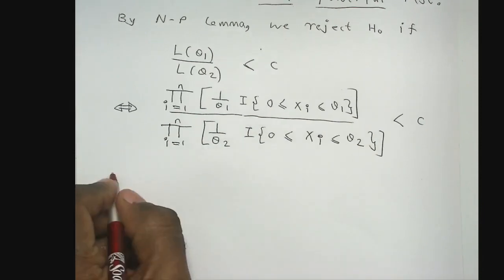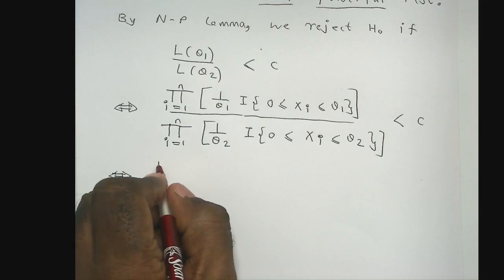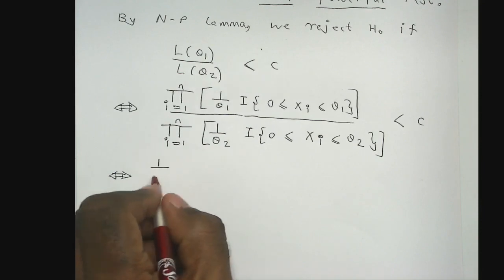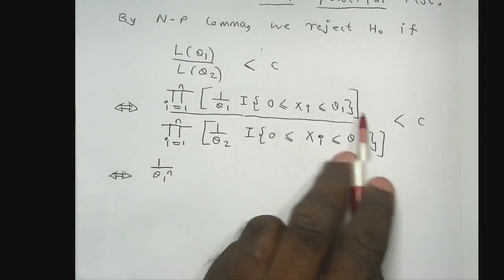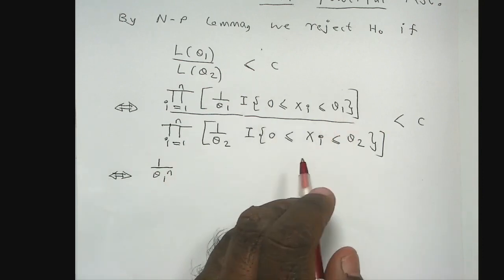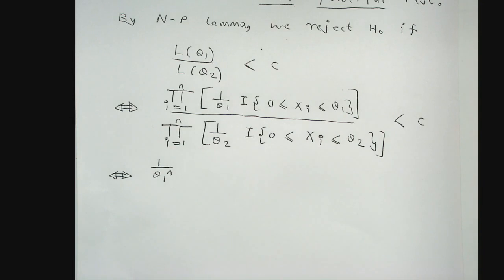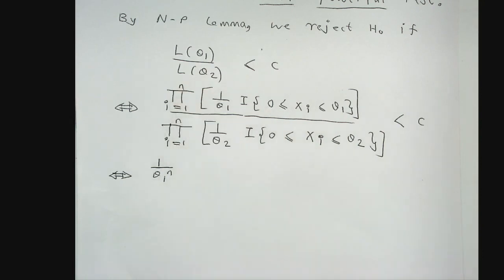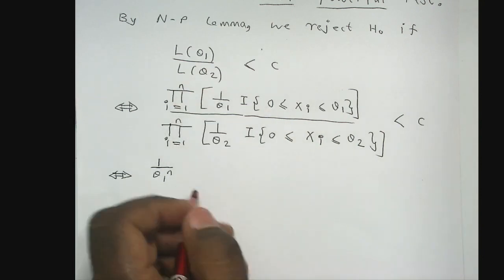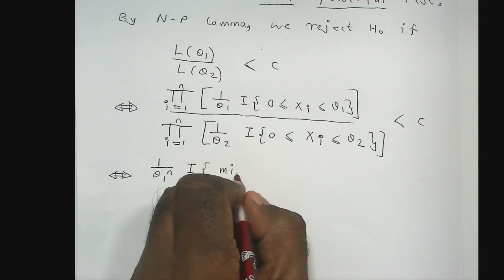Now let me ask you, if you multiply the indicator functions, what would you get, guys? This is a rule you must remember for the final exam. If you multiply these indicators, i from 1 to n, you will get this. You must remember this formula.